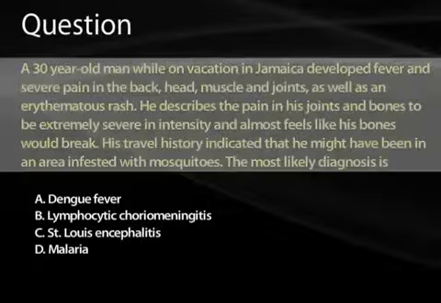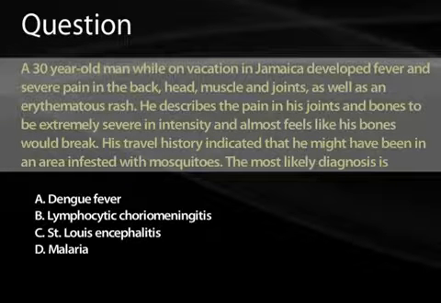Next question. A 30-year-old man, while on vacation in Jamaica, developed fever and severe pain in the back, head, muscles, and joints, as well as an erythematous rash. He describes the pain in his joints and bones to be extreme and severe in intensity and almost feels like his bones would break. His travel history indicated that he might have been in an area infested with mosquitoes.